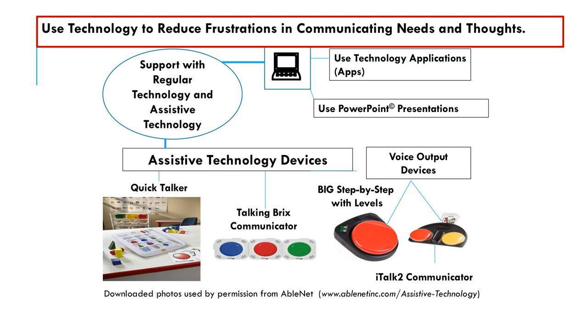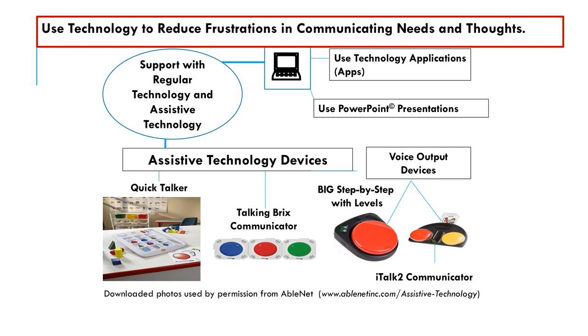For a child who is trying to make a choice among answers, let's say, is this ice cream, is this a rabbit, given three choices, the child presses the colored talking brick and makes a choice. Or you may have an iTalk communicator where the child is making a yes or no response.